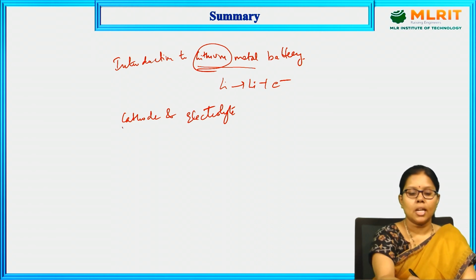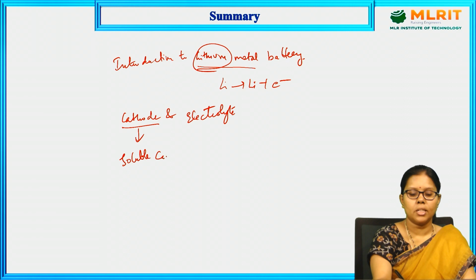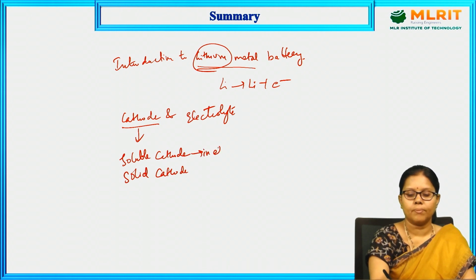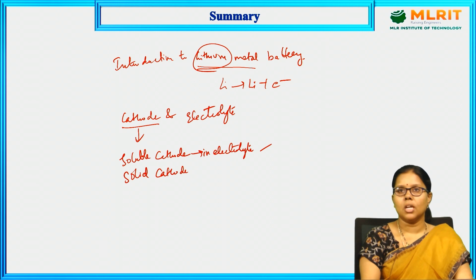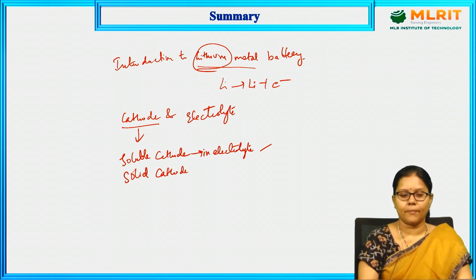There are soluble cathodes or solid cathodes. Soluble cathodes are the cathodes which are soluble in the electrolyte. They have different advantages: they work over a range of temperature, and they have good shelf life.